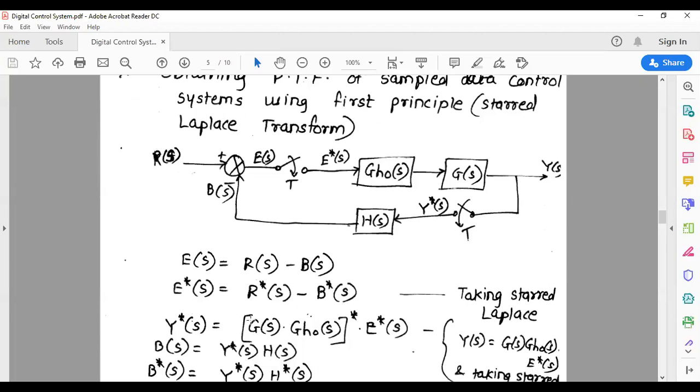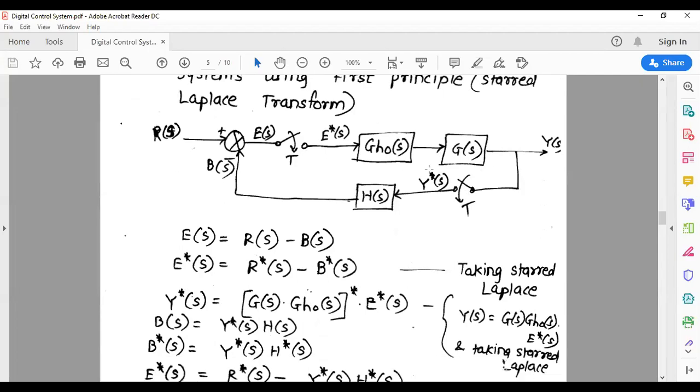Now you have G of S into GH of S, the whole star, into E star of S. See, Y star of S is here, and this is E star of S. This E star of S is multiplied by GH of S into G of S, and there is also a sampler here. So Y star of S will be GH of S into G of S, and since there is a sampler here, it is multiplied by E star of S.